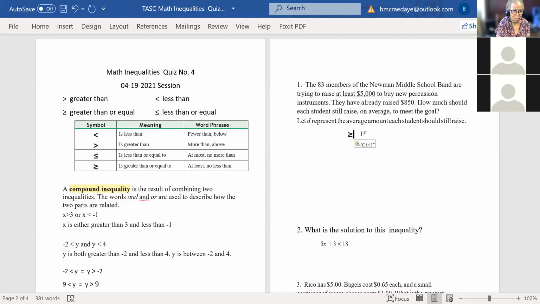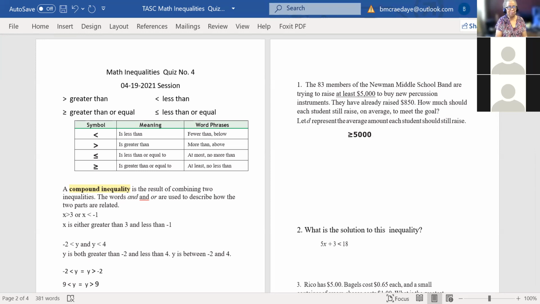What are they trying to raise? What amount? 5,000. That's right. At least 5,000. So greater than or equal to. So you know you have your 5,000 right here, right? Yes.